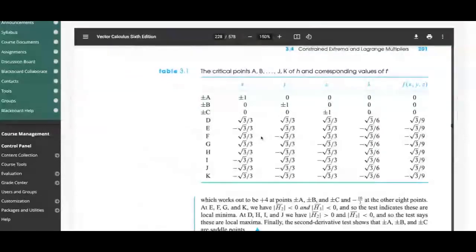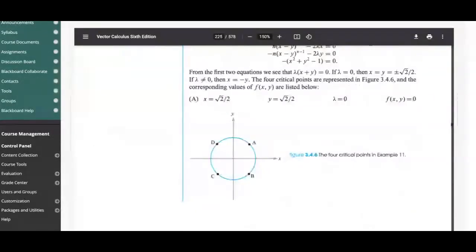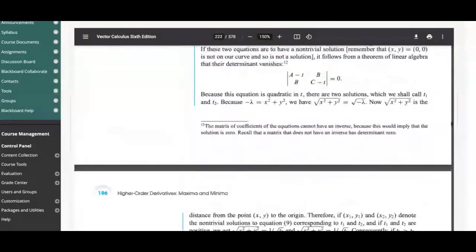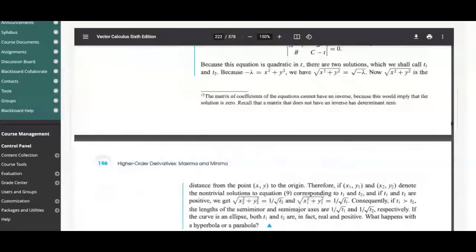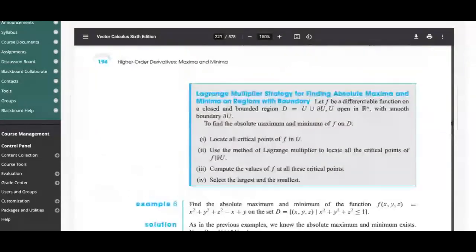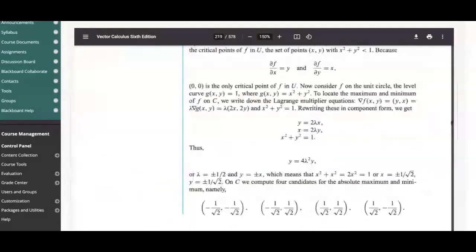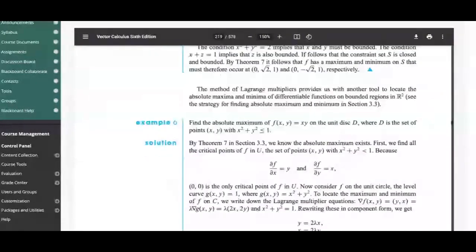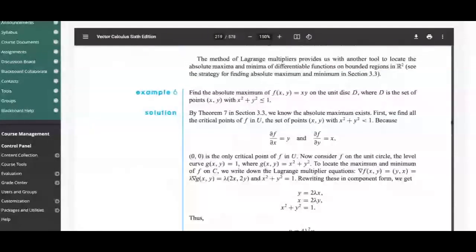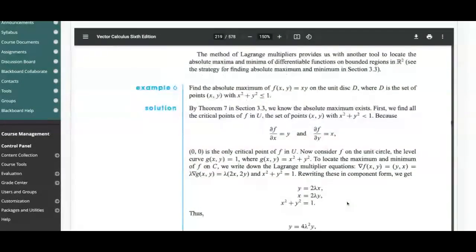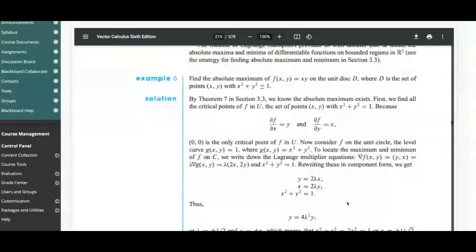Not the homework. I was a little confused that it says the solution pops up here, the gradient f. The second part here says the gradient f of x comma y equals y comma x.